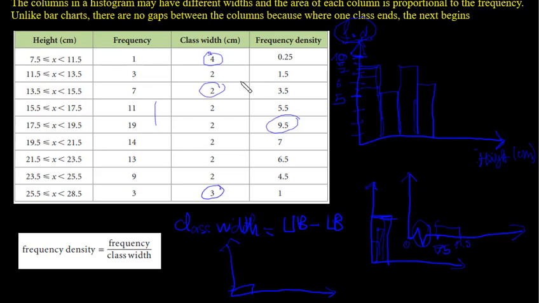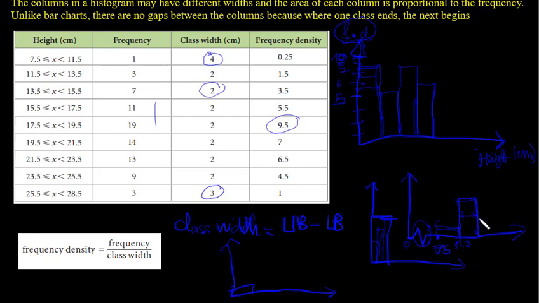And the next one has class width 2 and height 1.5, which is 6 times taller than this one. But because the class width is only 2, the width of this column is smaller. This one is wider, but the height is lower. So it also represents the frequency.